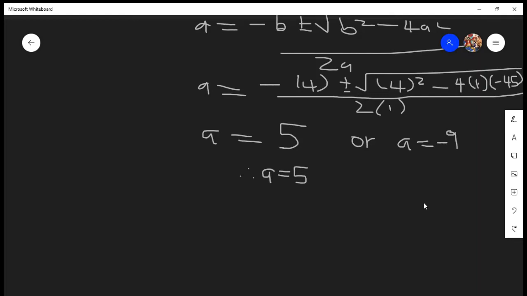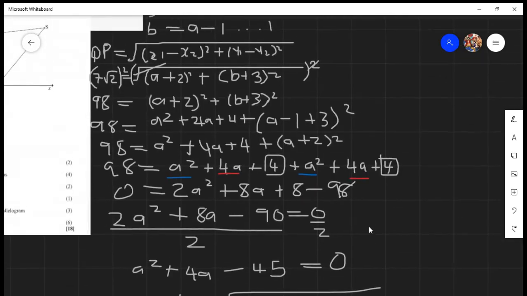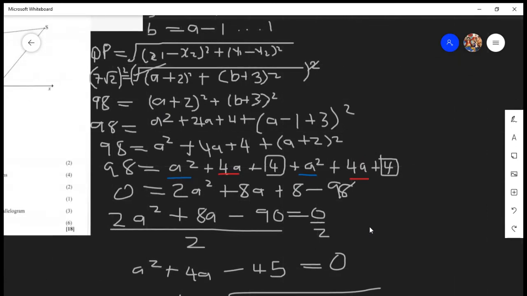Are you confused why I used the quadratic formula? What are you confused with? Wait, I don't understand what you're saying. The value of x is doubles.